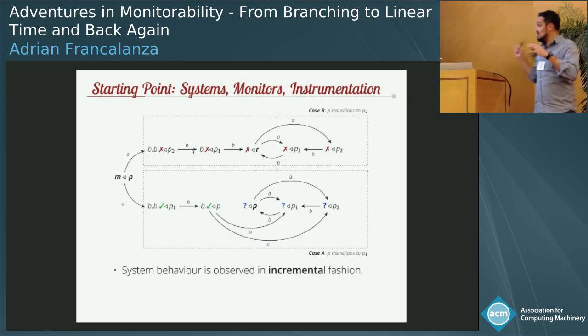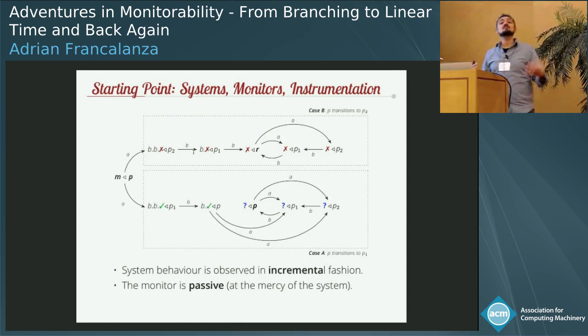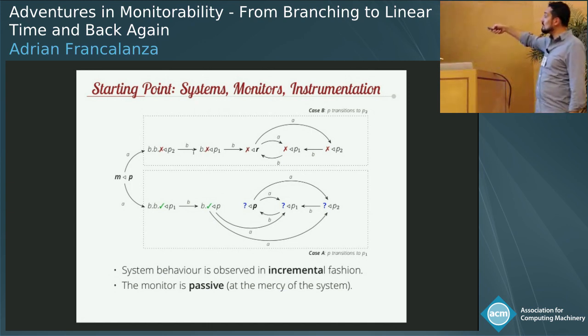The two key aspects to keep in mind are, one, system behavior is observed in an incremental fashion, and the other is that the monitor is passive. So in some sense, you are at the mercy of what the system decides to exhibit at runtime. For example, up here the monitor reaches a verdict, which is this rejection, which is different from the verdict that it reaches down here, and the reason is that up here the system exhibits a different behavior than the one down here.